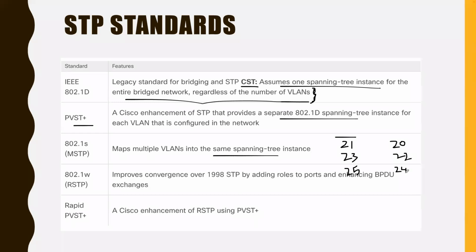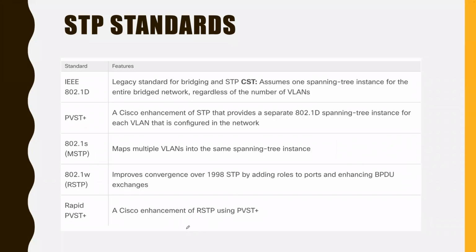That can be done in multiple spanning tree protocol. Rapid spanning tree protocol has a couple of enhancements wherein the listening and learning port states are reduced. Rapid PVST plus is an enhancement which is Cisco specific. So rapid spanning tree plus per VLAN spanning tree, both cases are there over here.